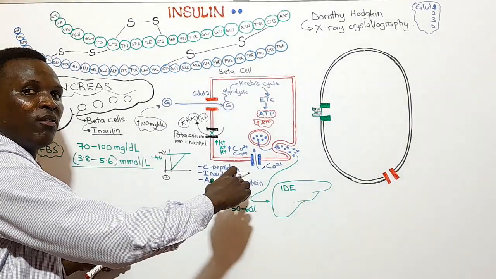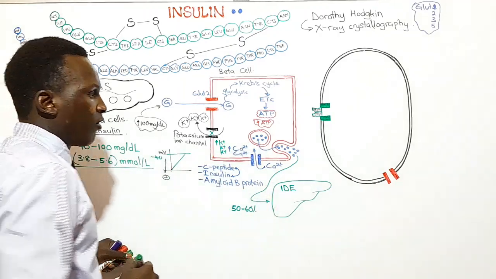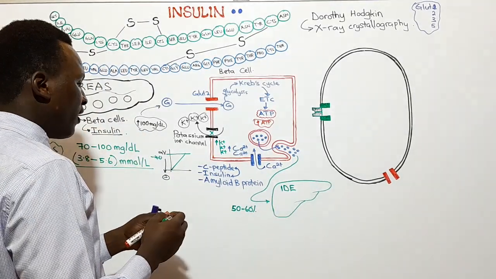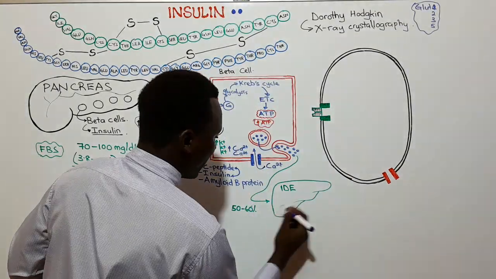This is via the portal vein, and from the portal vein, then into the systemic circulation. After that, the remainder of the insulin will now be released into the body.